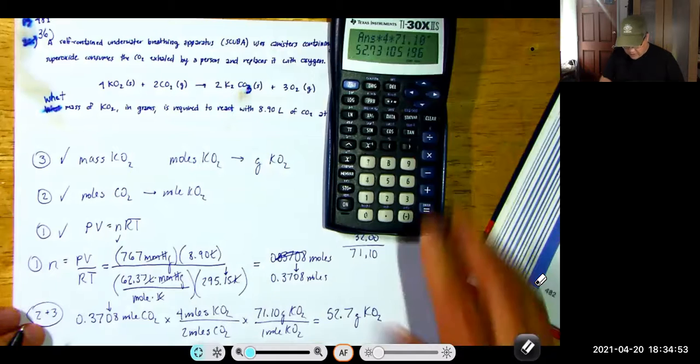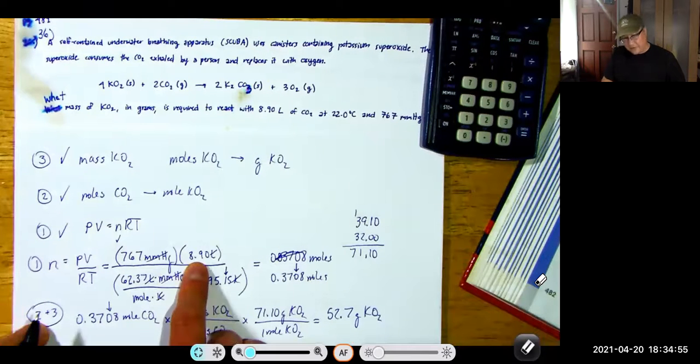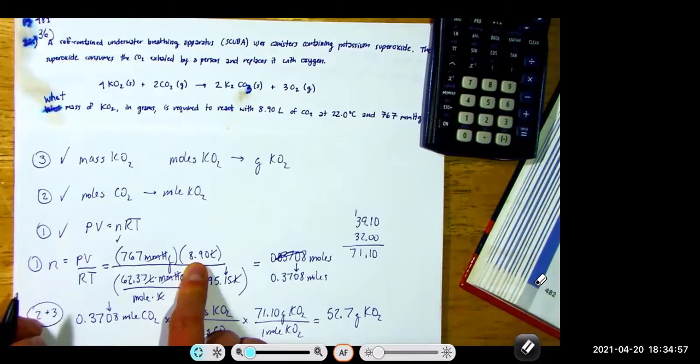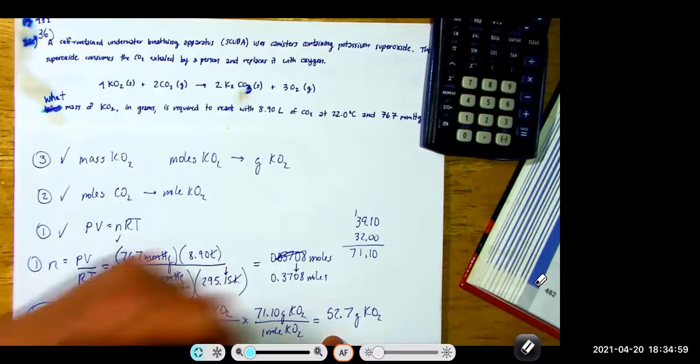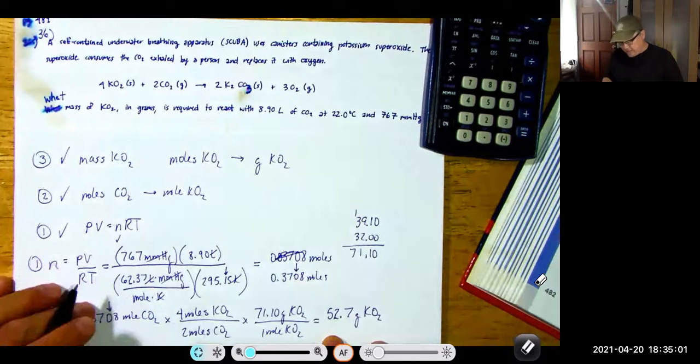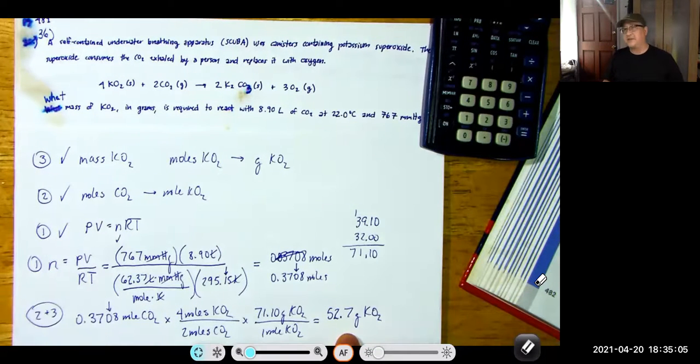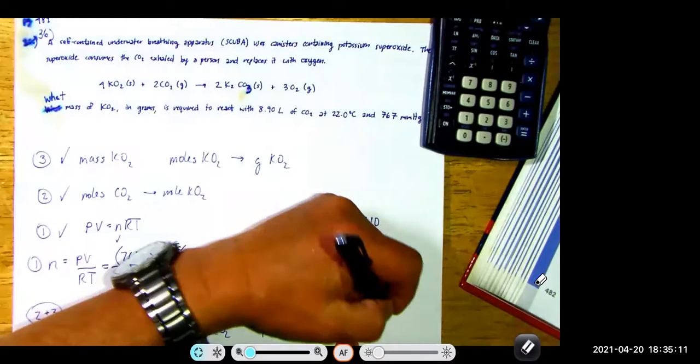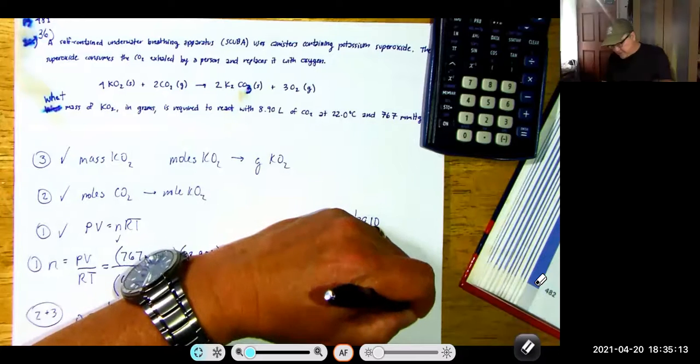And we're talking here a volume of 8.9 liters, right? Right. And here 52.7 grams of solid. This volume is probably, I would guess, around 10 milliliters, probably like 0.010 liters.